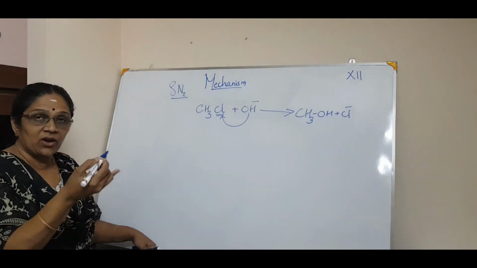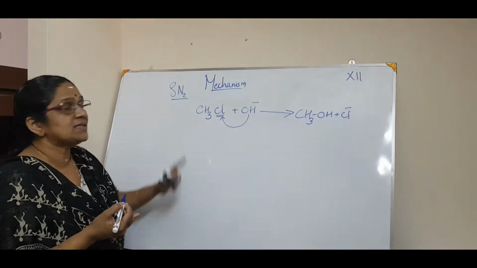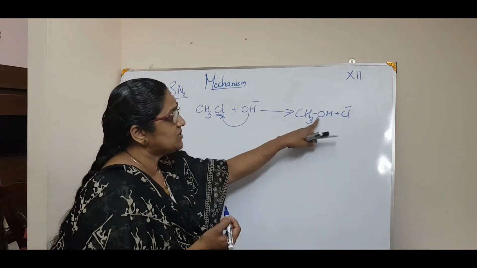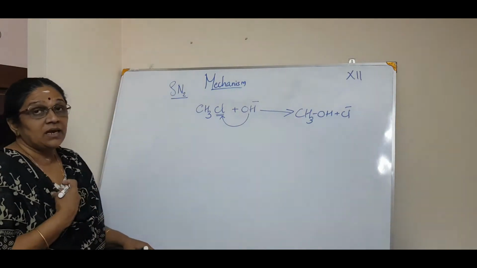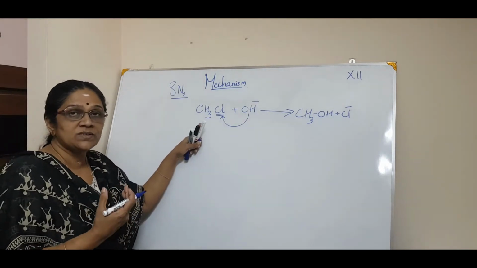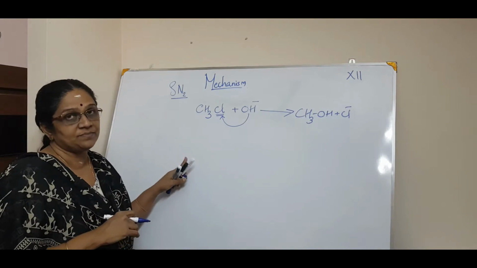So the halide ion gets separated and the OH minus connects with this alkyl group, forming the desired product, that is CH3OH. Now the question is, does this reaction follow the SN1 mechanism or the SN2 mechanism?